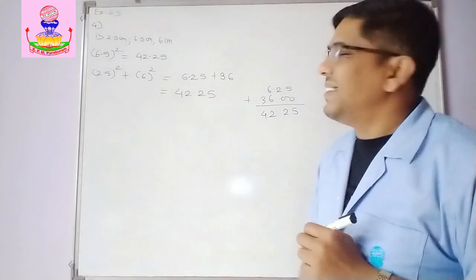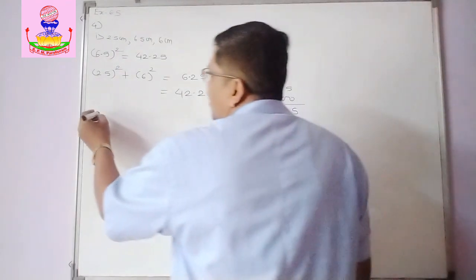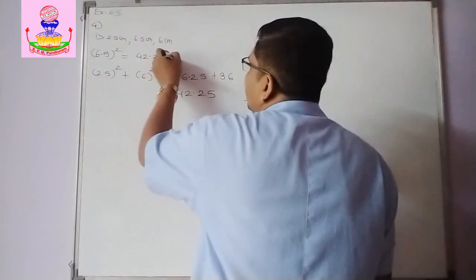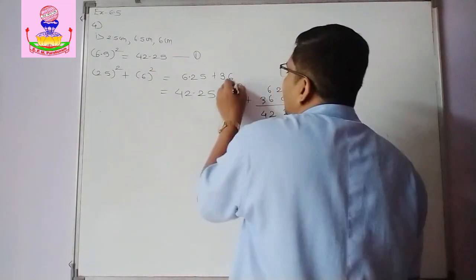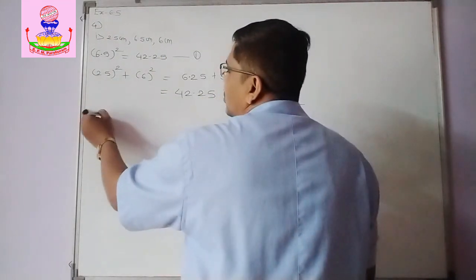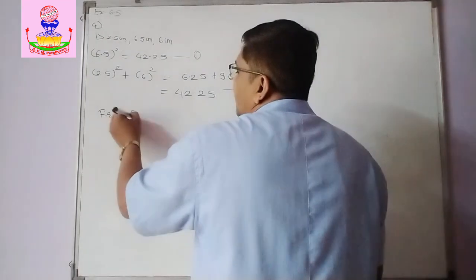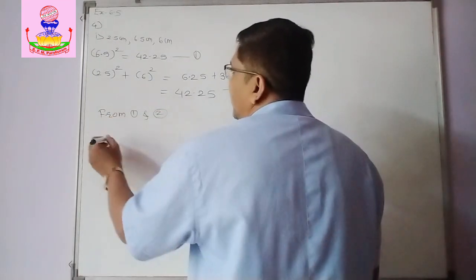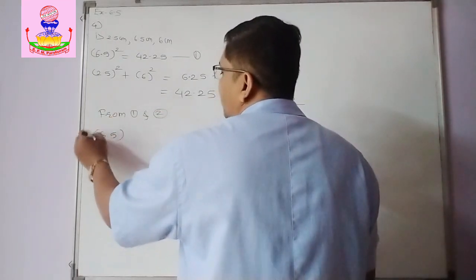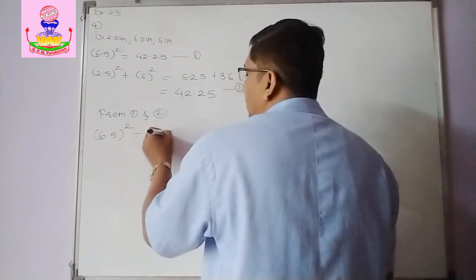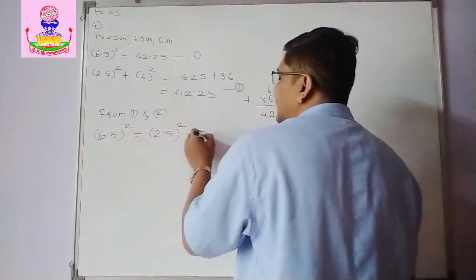Do you understand? So now what you see? You get that this is also the same. This is number 1, and this is number 2, I say. So from 1 and 2, what do you get? You get that 6.5 square is equivalent to 2.5 square plus 6 square.